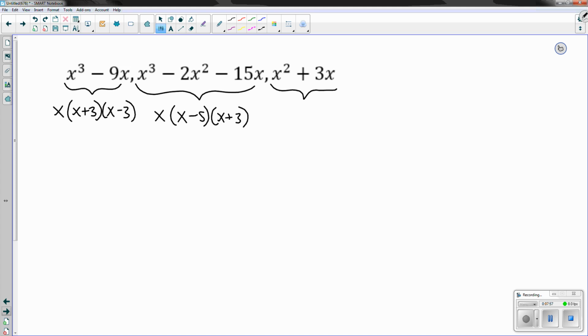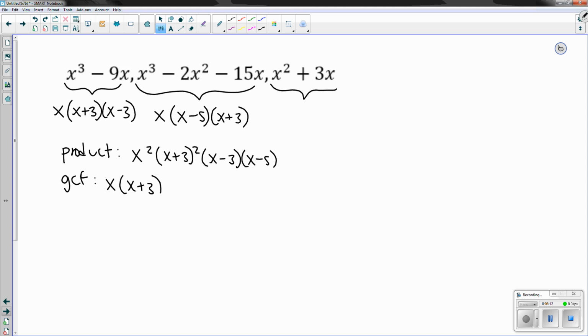So I'm just working with these first two right now. Product: x squared, (x plus 3) squared, (x minus 3), (x minus 5). GCF, what's shared? x and x plus 3.